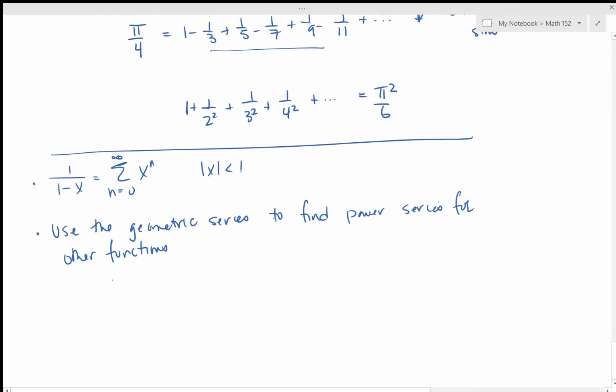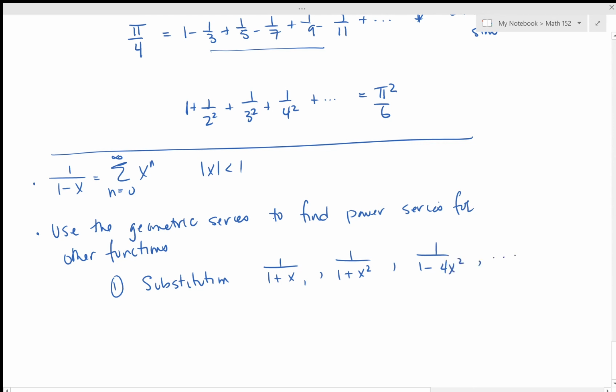One is substitution. So that was substitution. That was when we would have something like this, or something like this, or something like this. It doesn't matter.